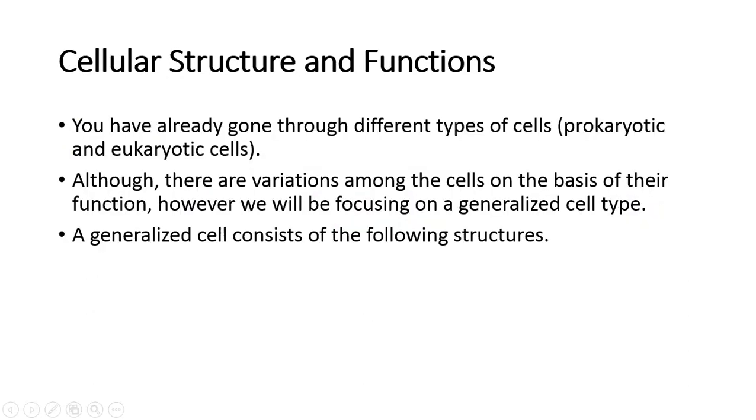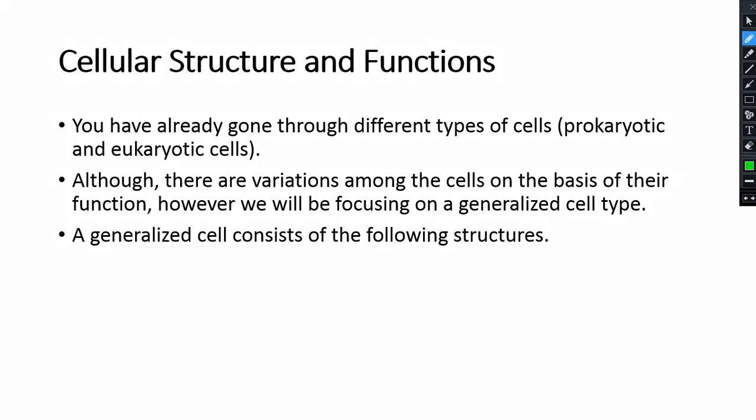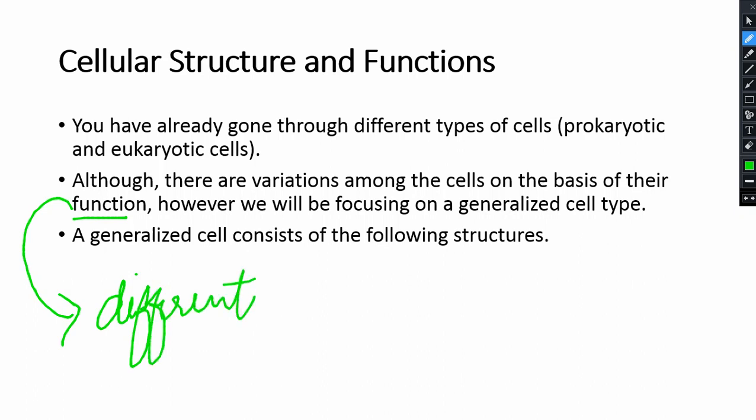Because we have different types of cells in living organisms, and these different types of cells do different functions. When the function is different, it is highly possible that the cell would also be different in structure.